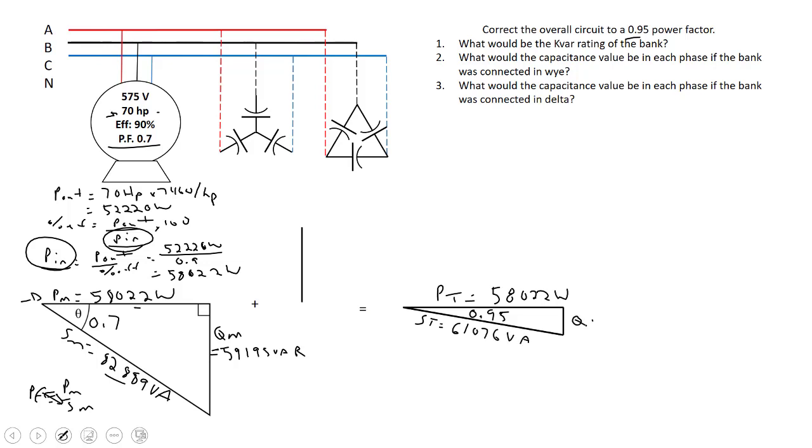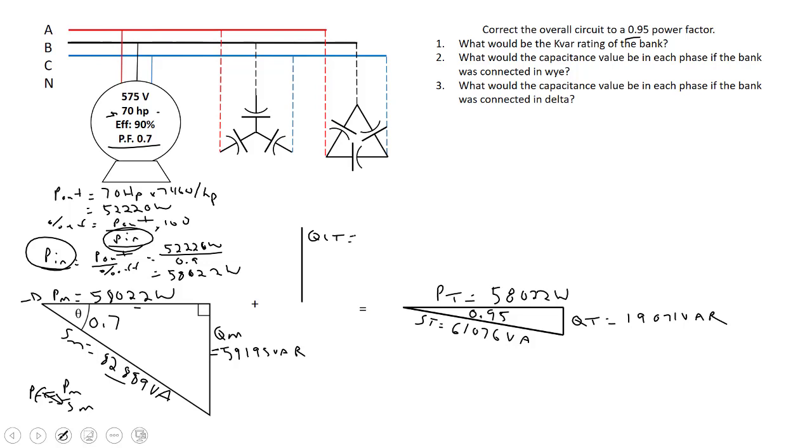Using Pythagorean theorem, I can take my S total squared minus my P total squared and square root that all, and that's going to come out to about 1,971 VAR. Okay. So now it's time to determine our QC total, our total leading VARs coming from our capacitor bank.